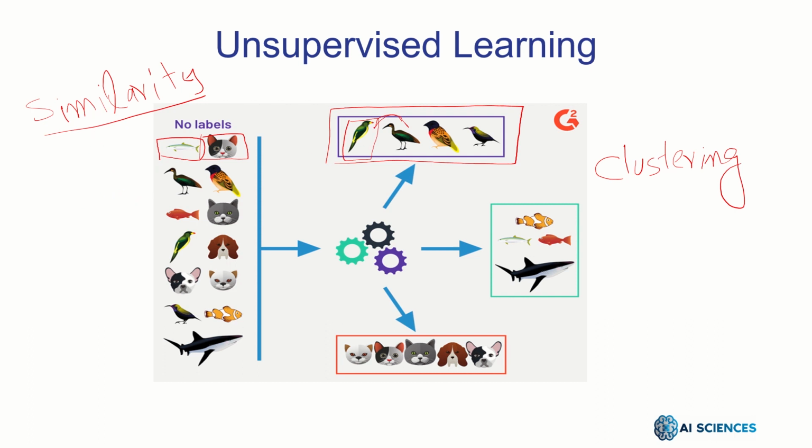So how you call them similar depends upon what similarity measure you are using, and changing the similarity measure gets you a different grouping. So this is unsupervised because we have a bunch of samples, but we do not have their labels.